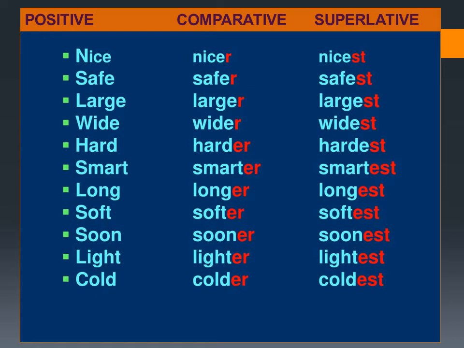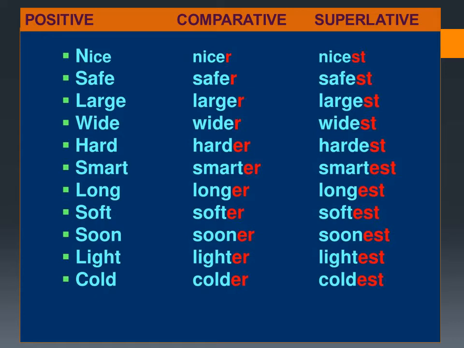Soon, sooner. Light, lighter. Cold, colder. So you can see, to form a comparative degree, the positive degree word is taken and ER is added to the word. So when ER is added to an adjective, that forms a comparative degree.